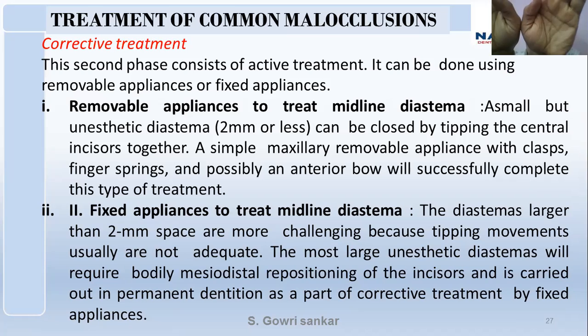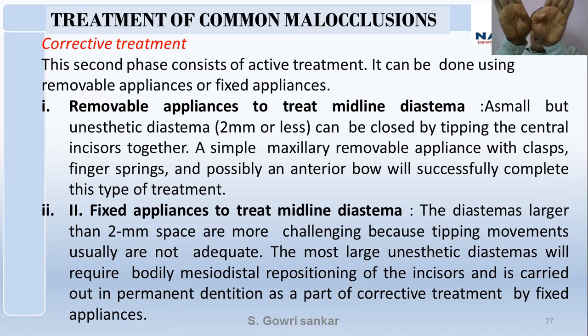Tipping means the crowns move in one direction and the roots move in another direction. So the best stability results from moving the teeth bodily. This can be done with the help of fixed appliances in treating the midline diastema. And if there is more than 2 millimeters of space, tipping is not possible. You have to move bodily like this.